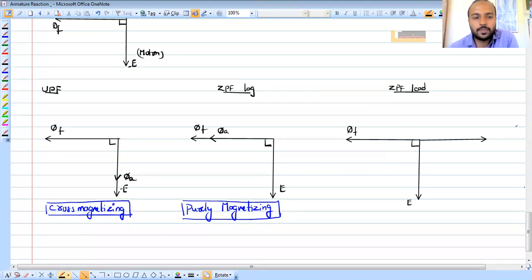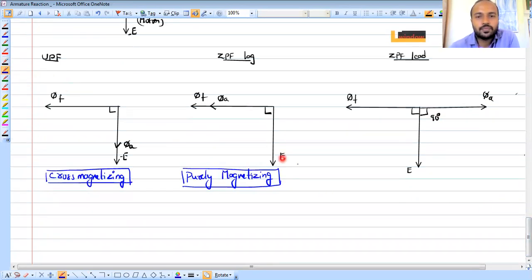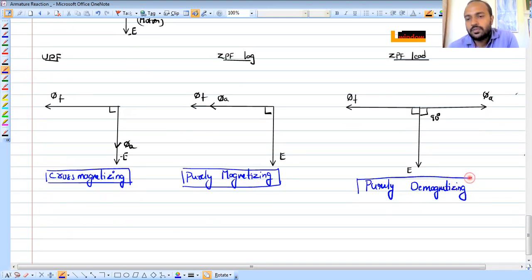So this is the phi A. If you observe here, this phi A leads this induced EMF by 90 degrees. Then what is the effect here? It is purely demagnetization effect. From this we can conclude the remaining also, right?